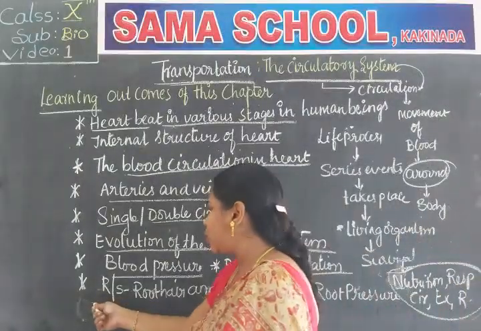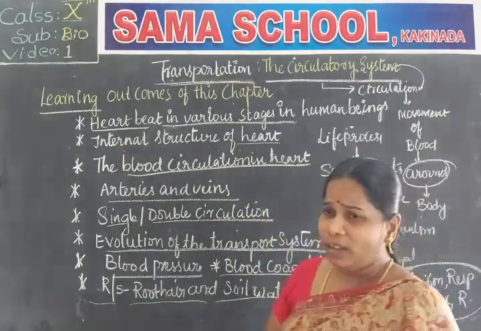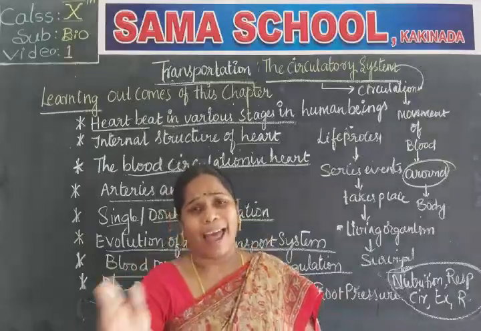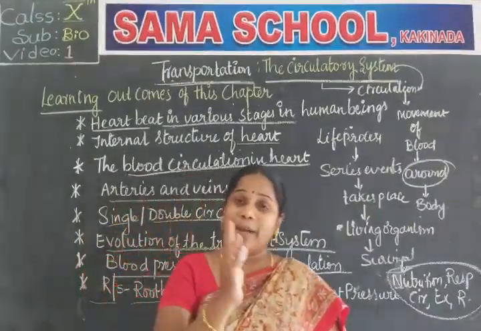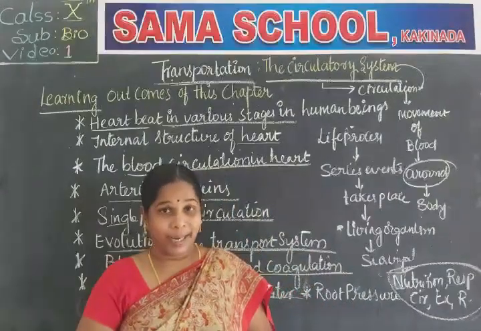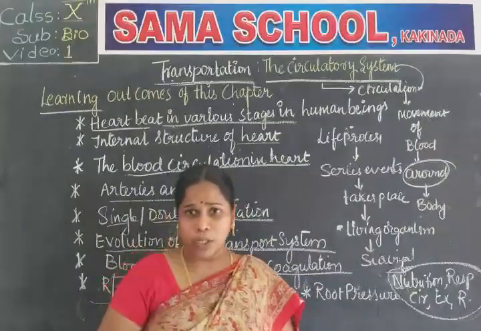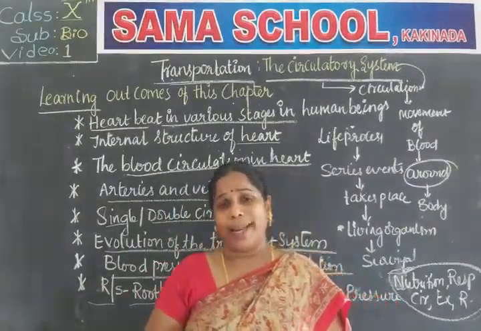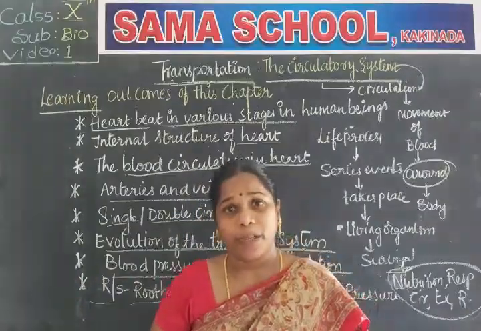Then what is the relationship between root hair and soil water? Here not only plant and animal, we are going to compare the transportation in plants also. How the water is sent, in which way water is absorbed from the roots, and how the root hair helps, in which way the minerals are transported from the soil.